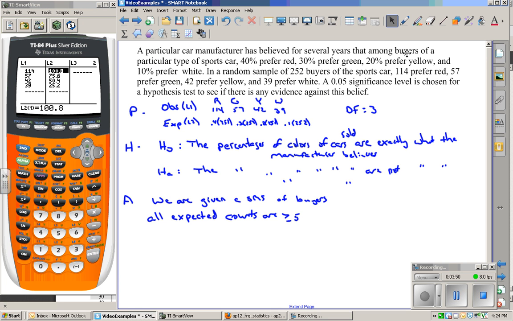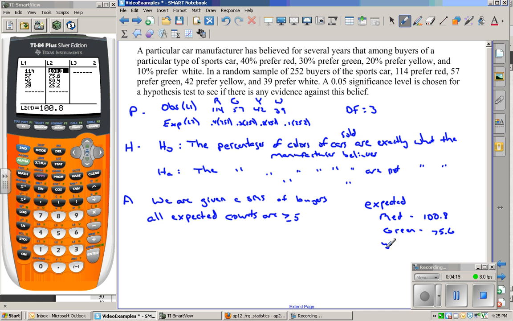So therefore, I can go back into my test, and I can actually write down my expected values. We had red was 100.8, green 75.6. That was red, sorry, red.